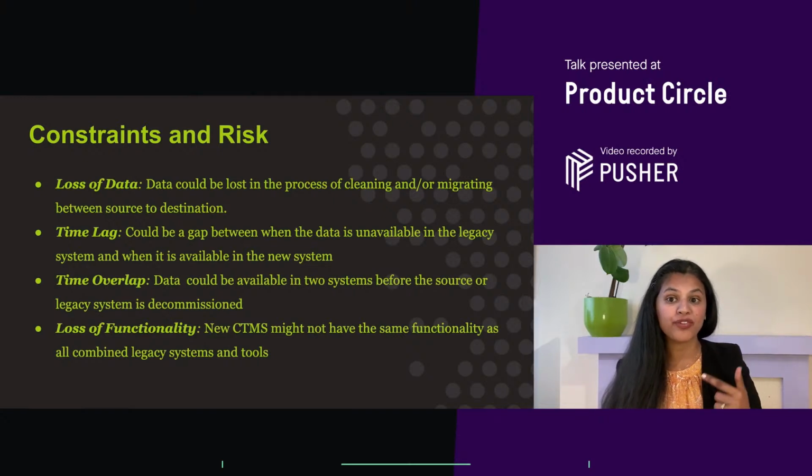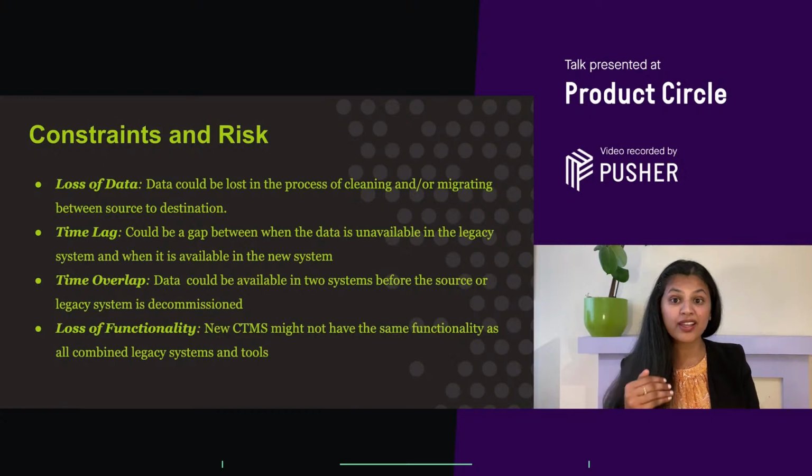Various time-bound factors, like the time and duration of the overall activity, and overlap and sync of old and migrated data, could create data inconsistencies between source and destination, which may potentially lead to data integrity issues as well.